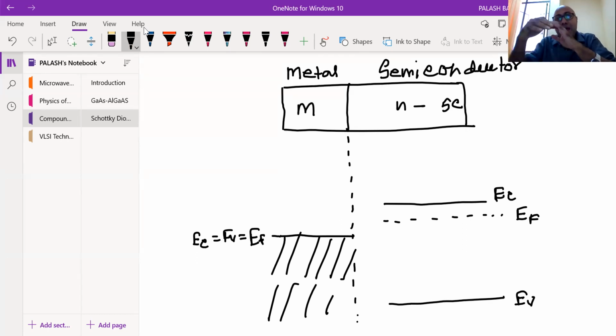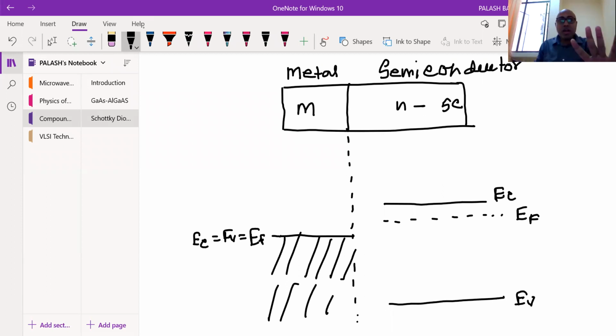Based on the position of the Fermi level and the semiconductor, the metal-semiconductor junction is either ohmic or Schottky. For a particular position of the semiconductor with respect to the metal, it becomes a Schottky junction. If the position shifts up or down, it may act as an ohmic contact, which will be your homework.